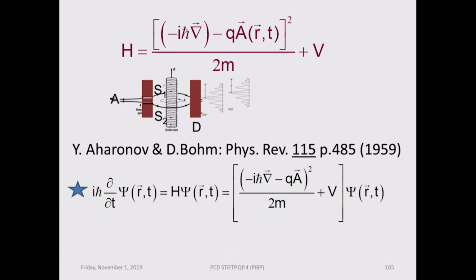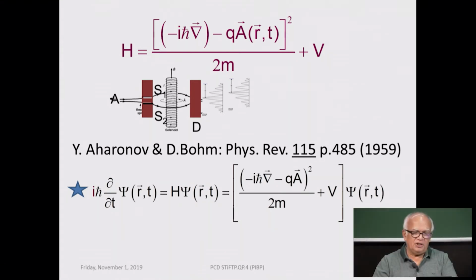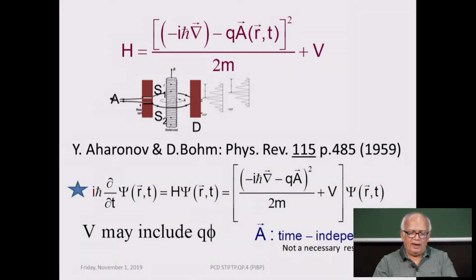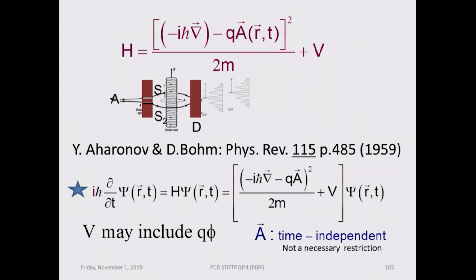So now let us examine the Schrodinger equation, and here you have a potential term which may or may not include the electric scalar potential phi, the middle phi that we used in the 3 phi's in our notation. That may or may not be included.